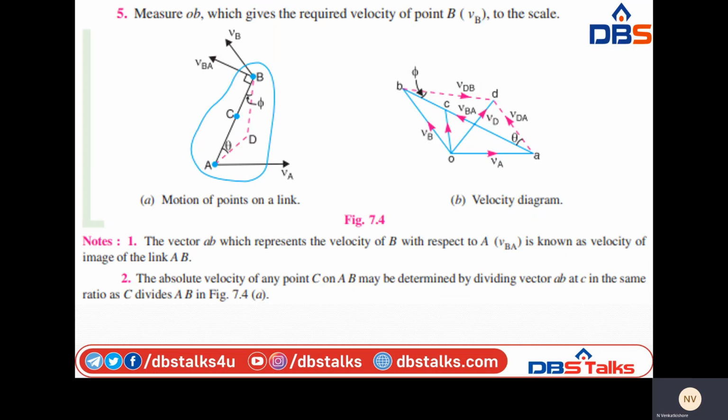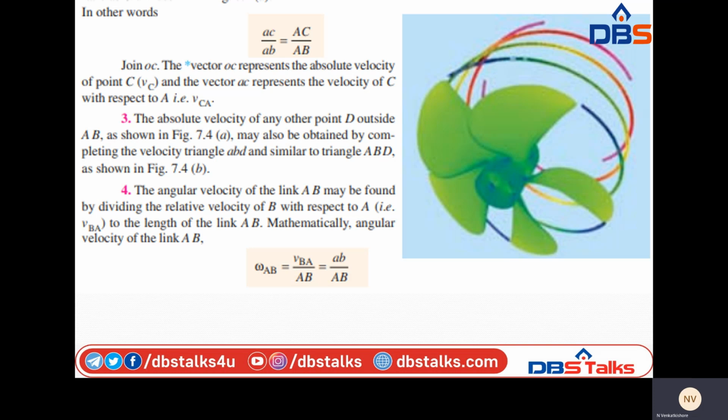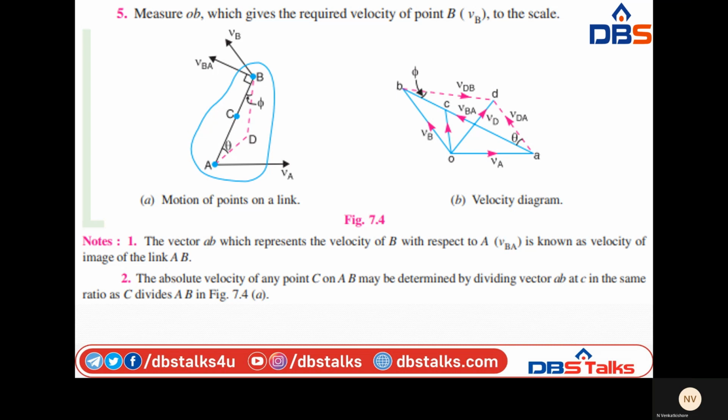See, now we need to draw the C point with respect to A. So OC is representing the absolute velocity of point C. Then the absolute velocity of any other point D outside of AB: see the first diagram, figure A. There we may see the D point which is outside the AB line.